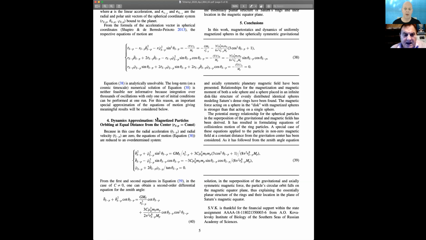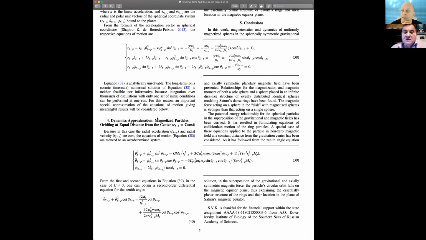So in this work, we presented the magnetostatics and dynamics of non-uniformly magnetized spheres in a spherically symmetric gravitational and axially symmetric Saturn magnetic field. We found relationships for the magnetization and magnetic moment of both a single sphere and a sphere placed in an infinite disk-like structure of evenly distributed identical diamagnetic spheres, which models Saturn's dense rings.